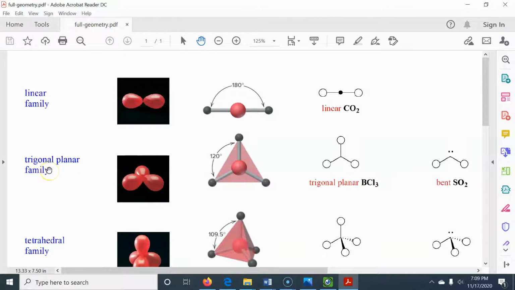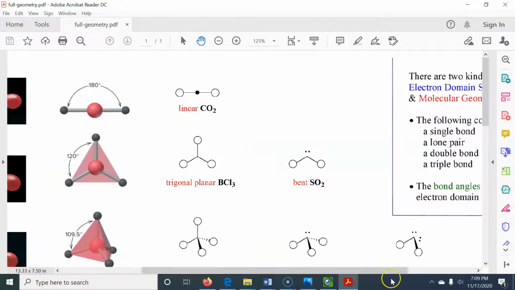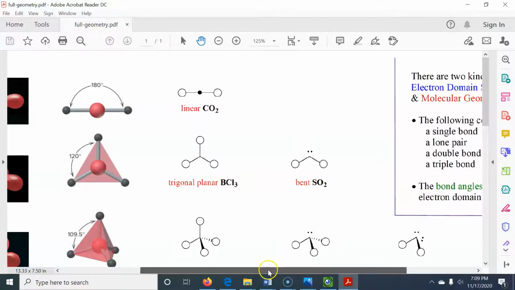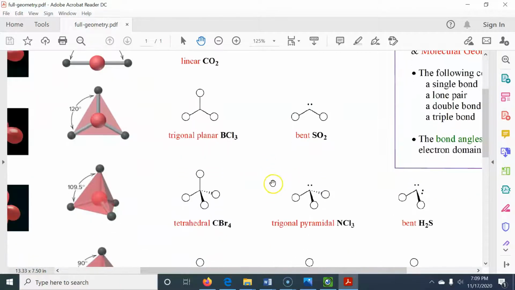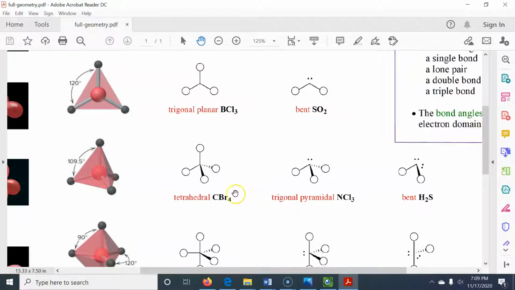So in the trigonal planar family, this is the electron domain shape. We have two members with different geometries. We have a trigonal planar geometry, and that molecule that represents that could be boron trichloride, and we have a bent. The strategy is, okay, let's look at tetrahedral, because we did look at tetrahedral in the previous video, and we started out with, I think, carbon tetrachloride.